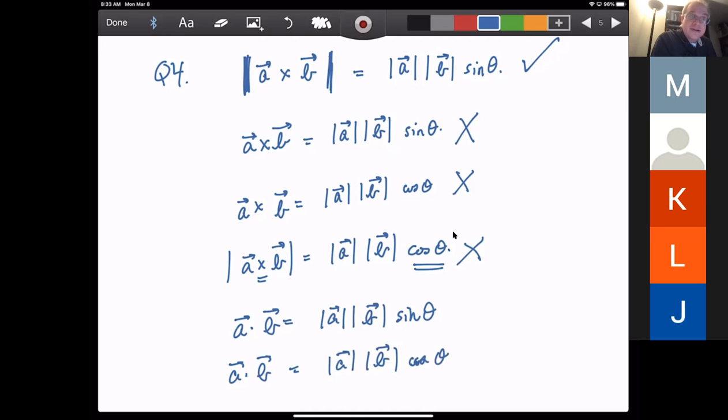So which one is correct of those last two? So the last one is correct. A dot B is a scalar, so left-hand side is a scalar. Right-hand side for both of these last two is a scalar, certainly, but the dot product is connected to cosine of theta, not the sine of theta.